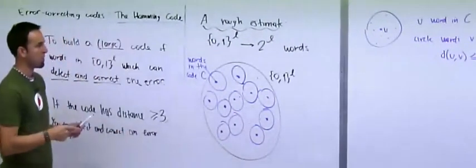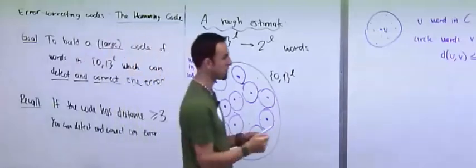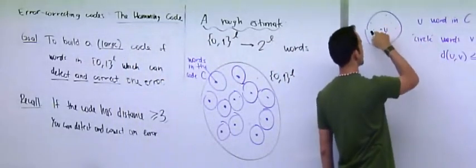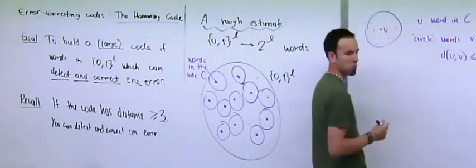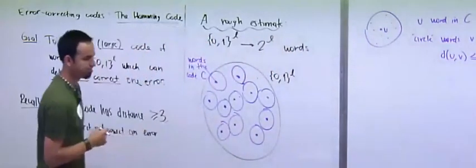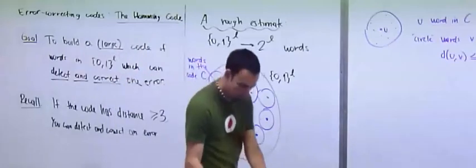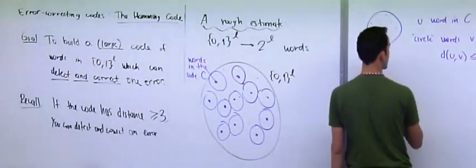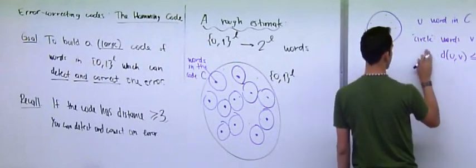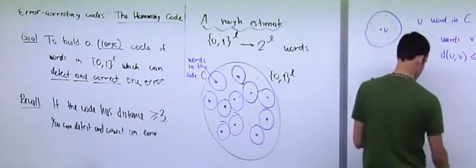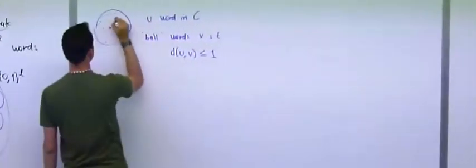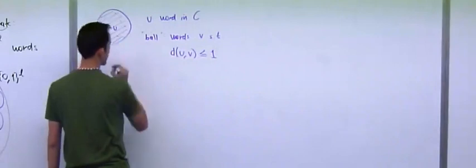Now, the circle is a visual aid, but really, this circle just consists of those points, the words that are at a distance at most 1 from you. Let me call it a ball to emphasize that it is kind of a full ball.